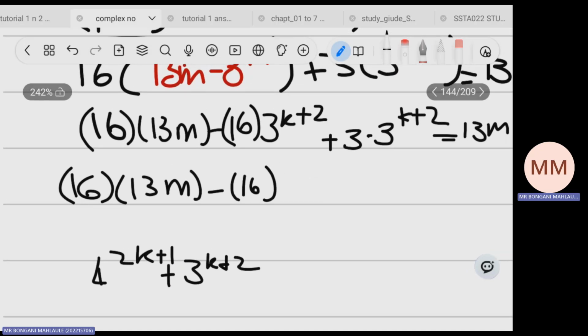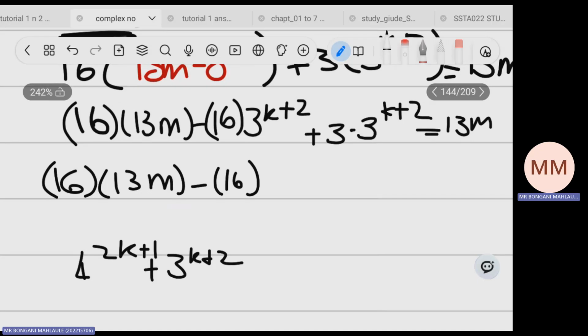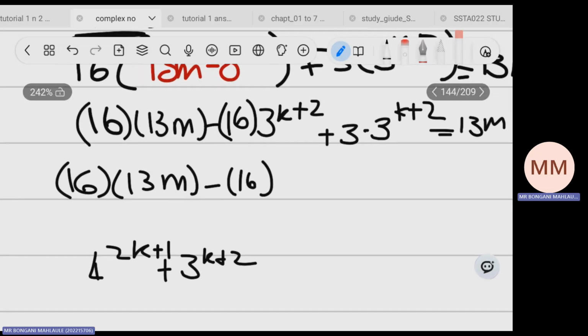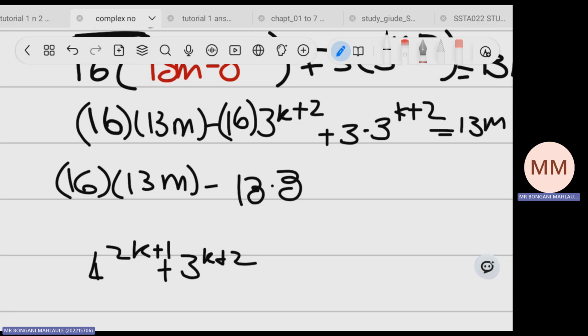Okay, we can now say that this part here is going to be minus 13, having 13 times 3^(k+2).